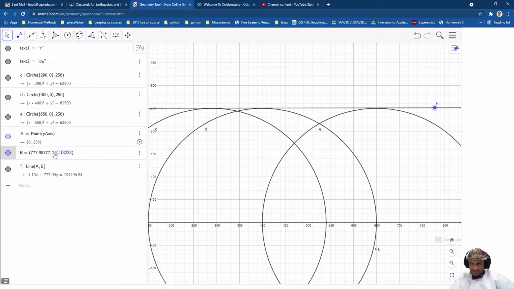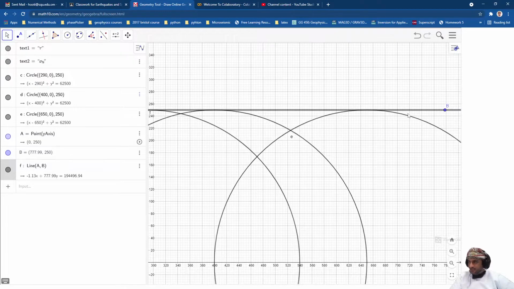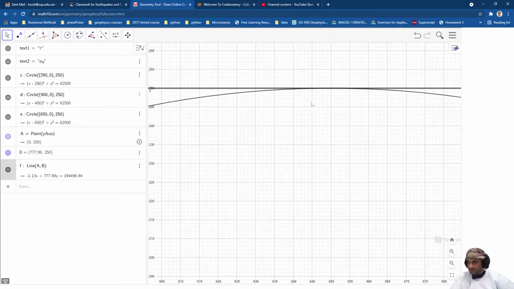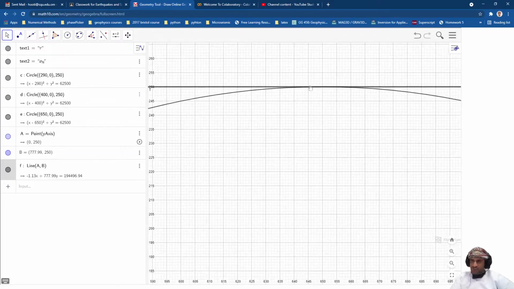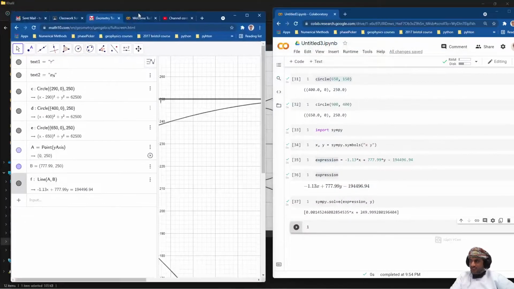That's the reason it's not a perfect horizontal line. The x can be anything along that line. So it's changed slightly. Yeah, the equation itself changed slightly.